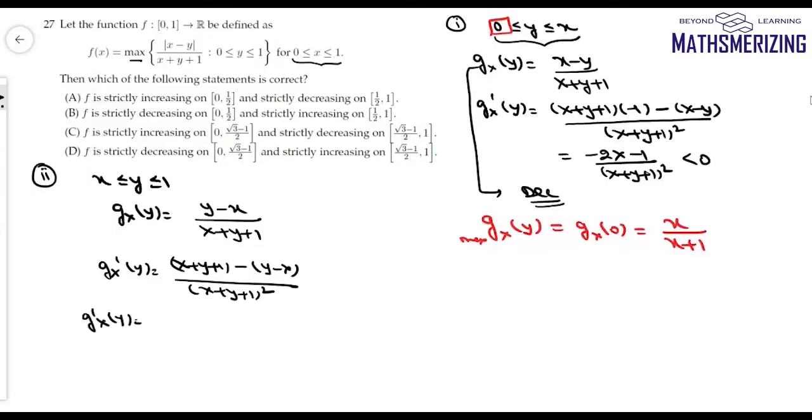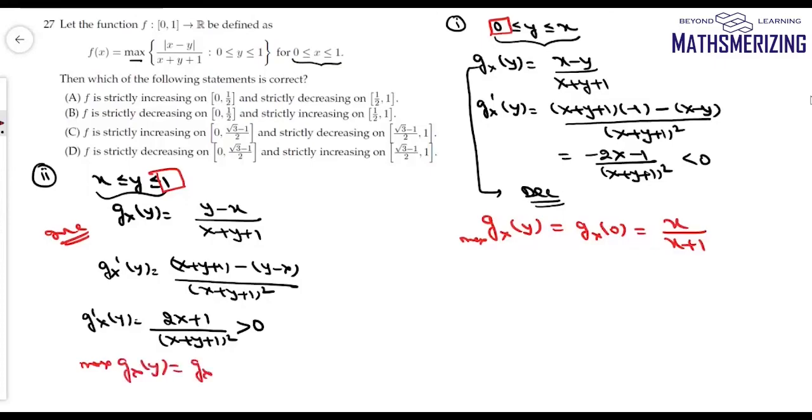So here it will be 2x plus 1 upon x plus y plus 1 whole square, which is greater than 0. So that means in this interval, this function will be an increasing function. Now if the function increases, then the maximum value of this function occurs at the end of this interval. So that means in this case, the maximum value of g(x, y) will occur at y equals 1. If we put y as 1, we'll get 1 minus x upon x plus 2.